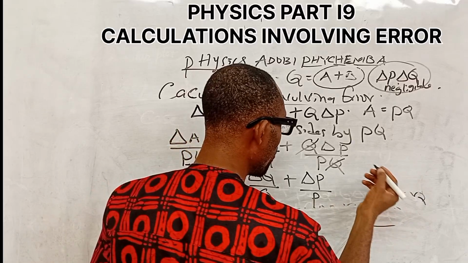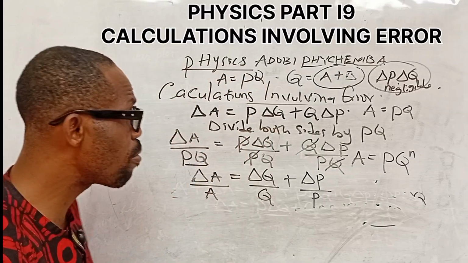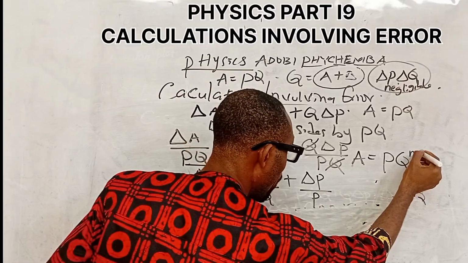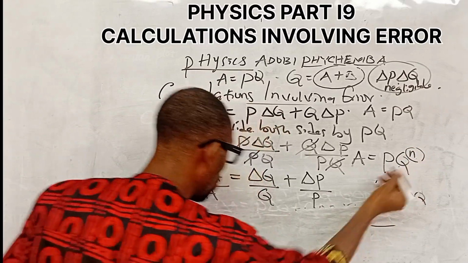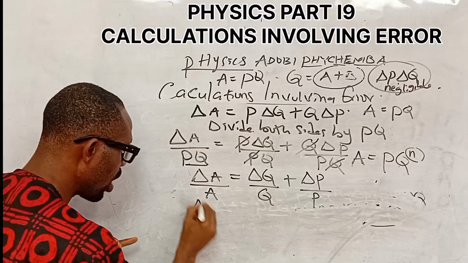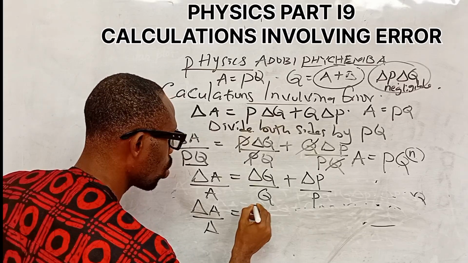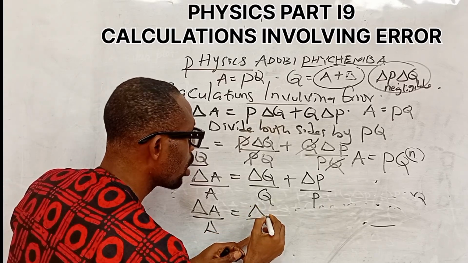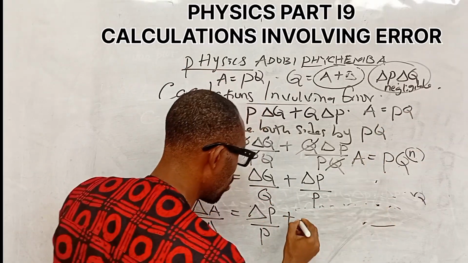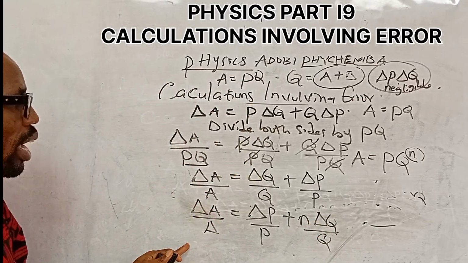You can be given A equals PQ raised to power N. If you are given this, all you need to do is to say this is a power, which means that this power is associated with Q. All you need to do is to say change in A over A will be equal to change in P over P plus N times change in Q over Q. This is what it will look like. Do you understand what I'm saying now?